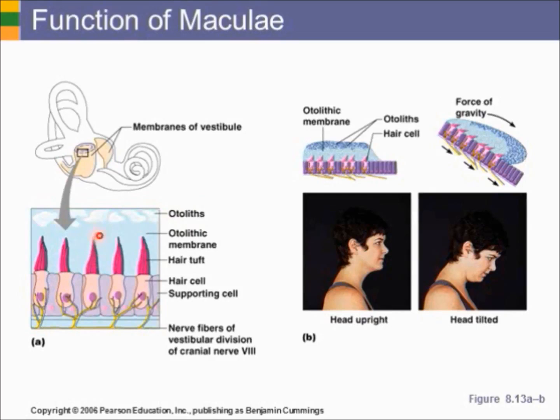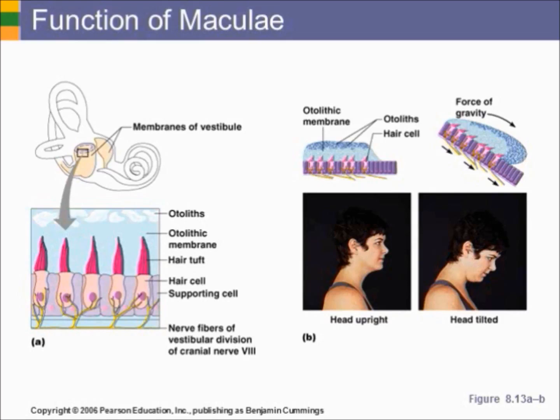The hair cells, with their hair tufts sitting up here, are embedded in this membrane, and these otoliths are kind of pressing on them. So when your head is in the upright position, those little calcium carbonate crystals, the otoliths, press on those hair tufts, and they send a nerve impulse to the brain to tell you that your head's upright.